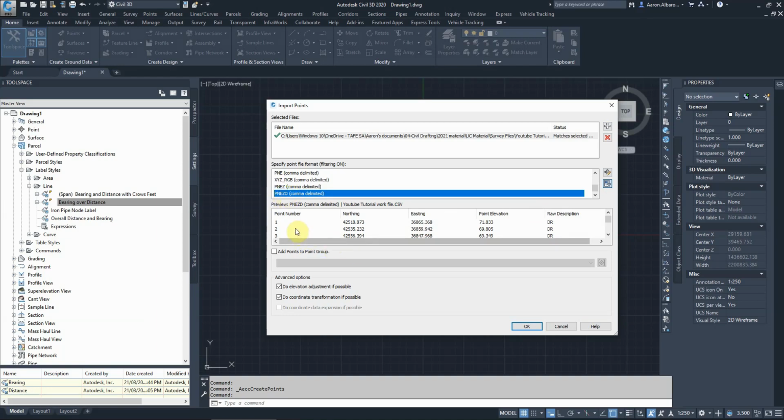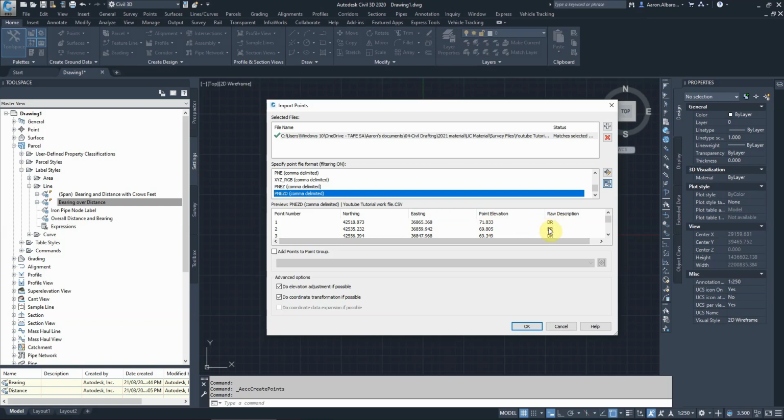So if I look at them now, point number 1 has a northing of 4,000 something, easting wherever. Look at these two points, they both have positive values. That means they're all in the first quadrant. And we have elevation and description on the map.